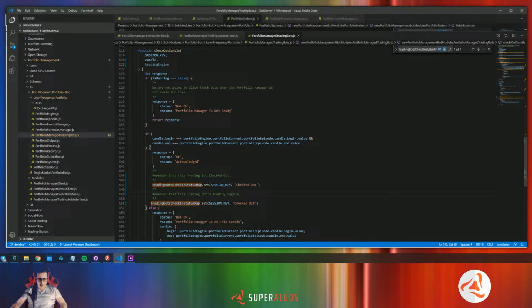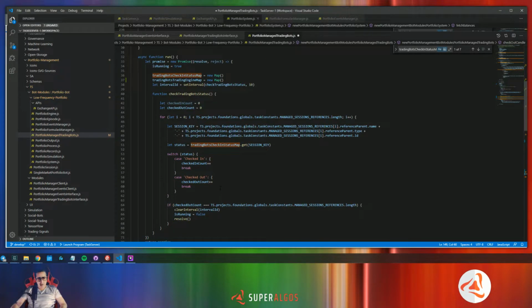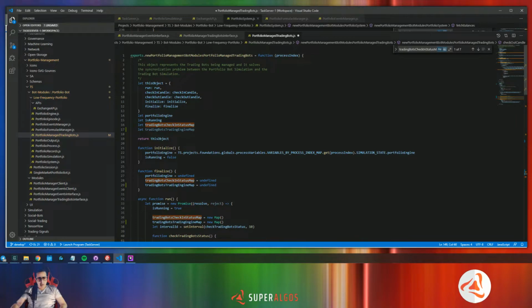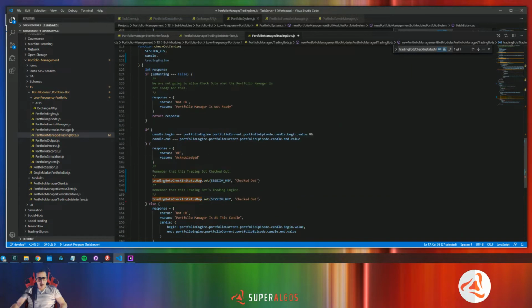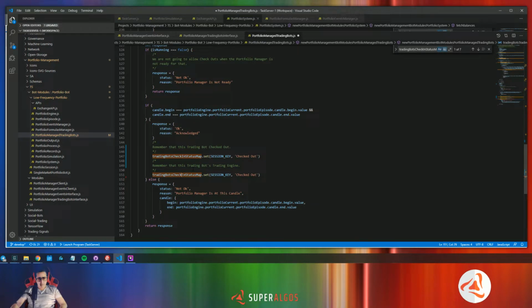Remember that the logic that we thought about in the last session was that I don't want the formulas of the portfolio manager system to be accessing a trading engine until all the trading engines have been submitted.